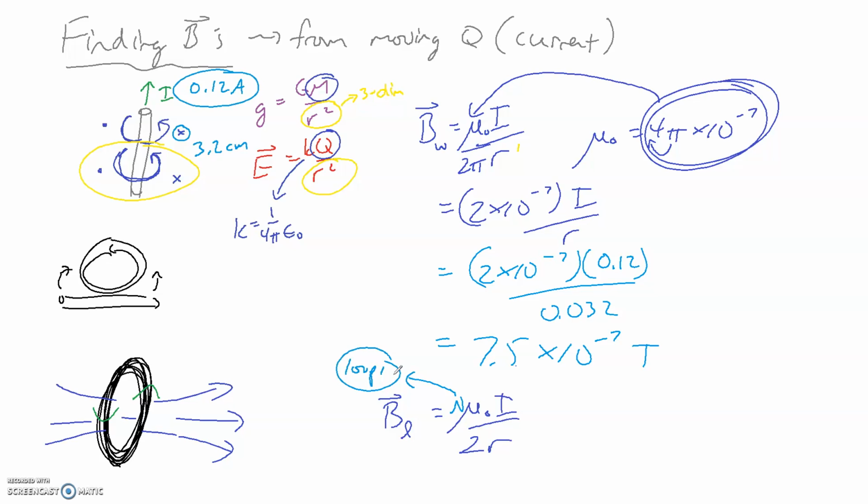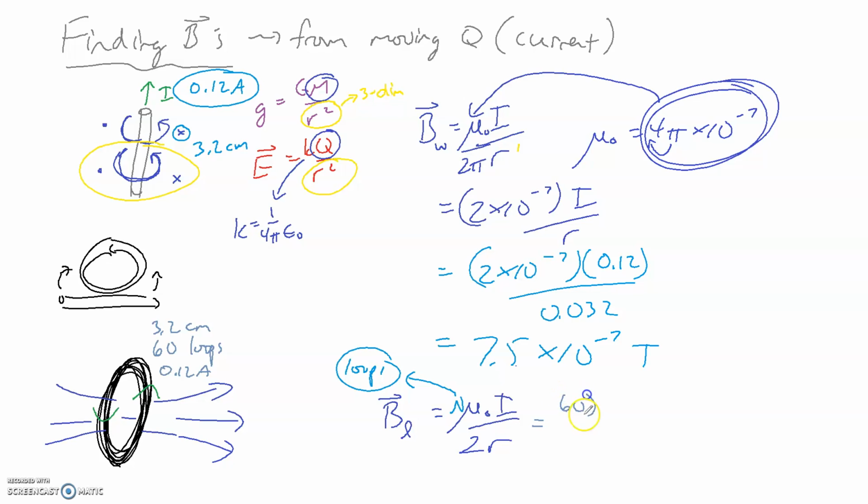So again, let's do something really simple. Let's take this guy over here. Suppose we've got 60 loops, and again 0.12 amps, and let's say the radius is 3.2 centimeters. We'll just use the same values as up on top. Now for this, it's a little bit different because we don't have the canceling out shortcut version. But we've got the n value, that's 60.